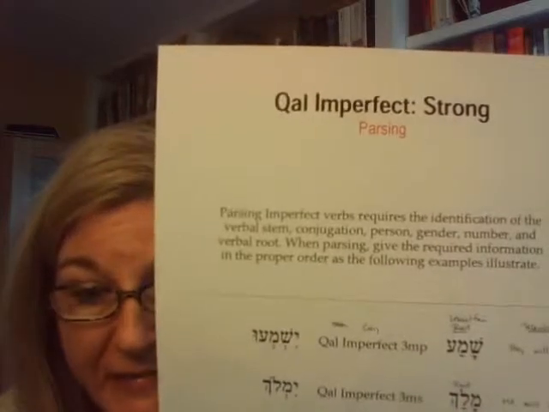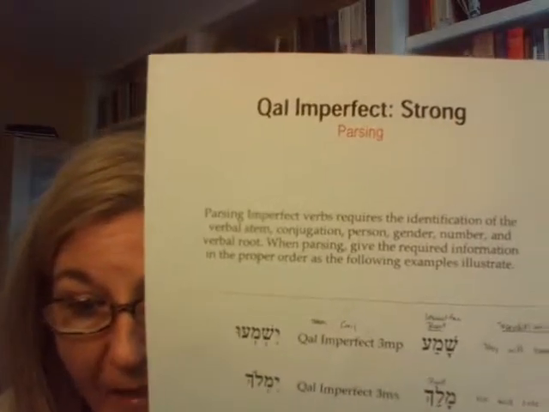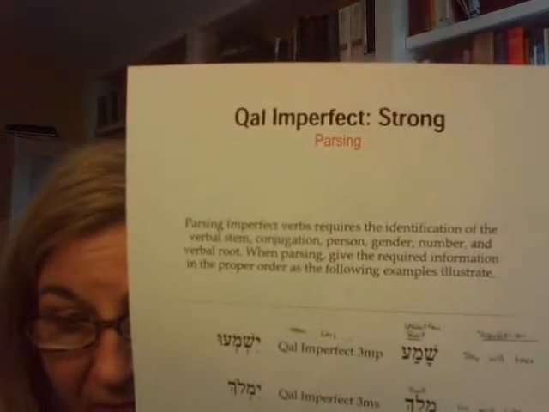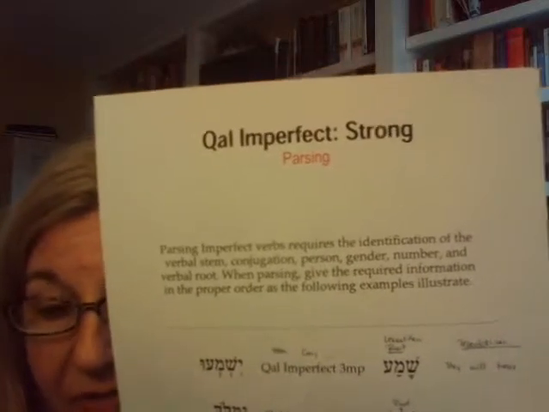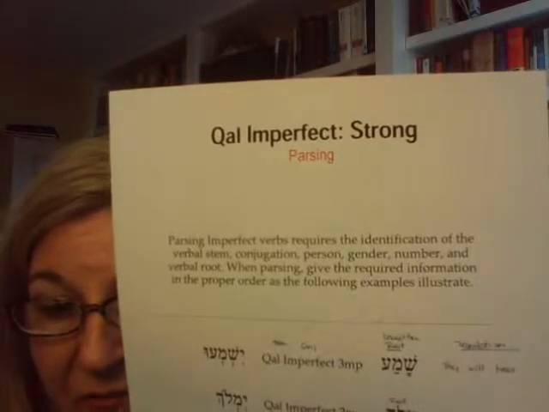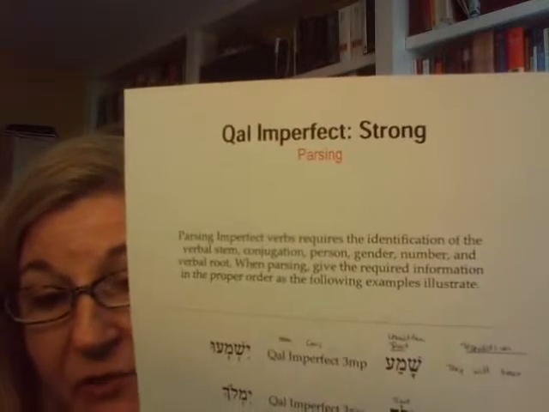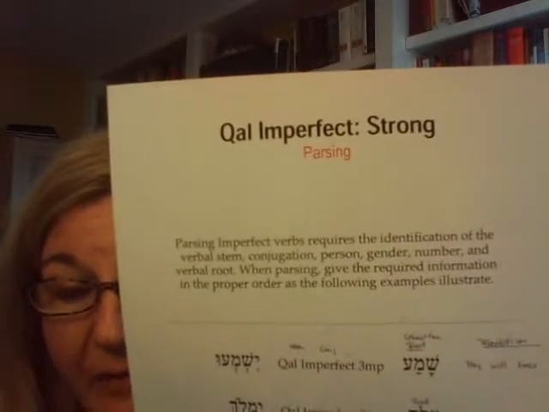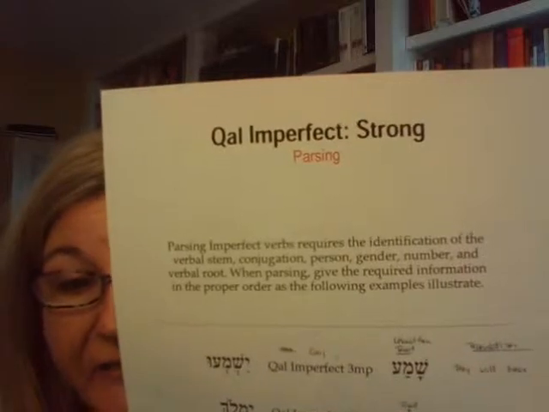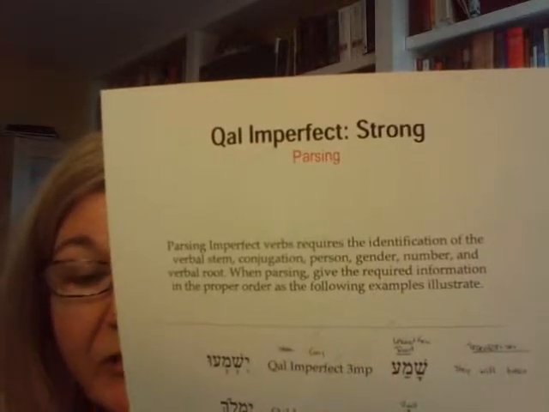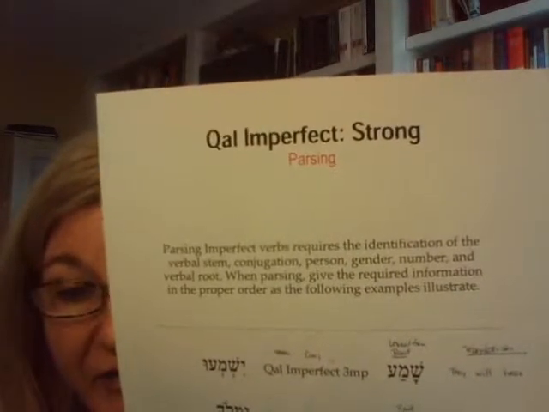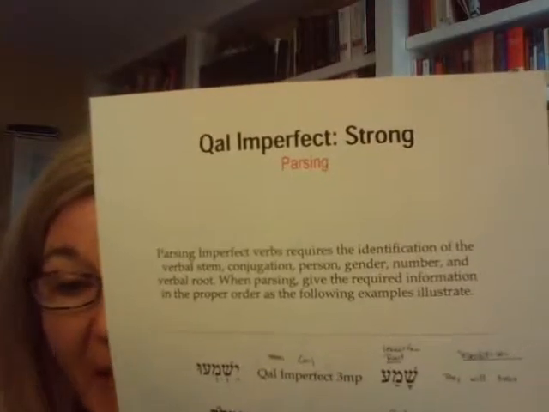Often you're going to find that your paradigm asks you for the lexical form or the root. I do not require this of you because I don't know each of your personal situations. I don't know if you have the ability to type a Hebrew font on your computer, so we're just bypassing that.